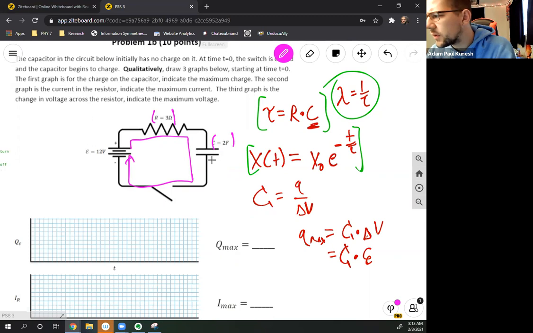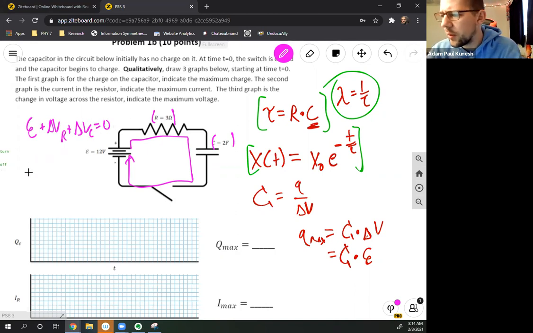And whatever voltage the capacitor uses, the resistor won't be able to use. So I express this by saying that, using Kirchhoff's law, battery voltage plus change in voltage across the resistor plus change in voltage across the capacitor equals 0. Or the sum of the two changes will be equal to negative battery voltage. That's how I think about it more intuitively.